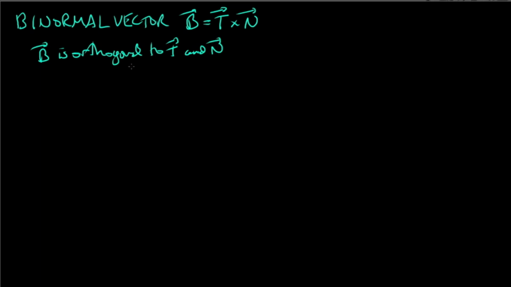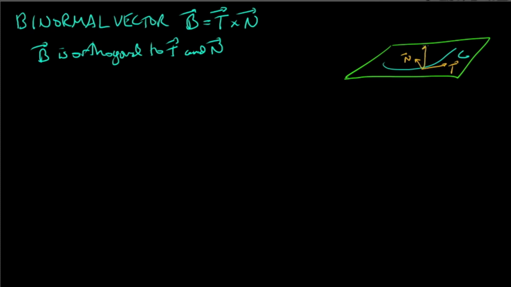Well, no, it applies to a curve in a plane as well, in which case B is just going to point upward. So if this is your curve C, you have your T here, your N will point inward like this, and T cross N will be pointing upward by the right-hand rule. I'm sorry, B, not N. B will be pointing upward.